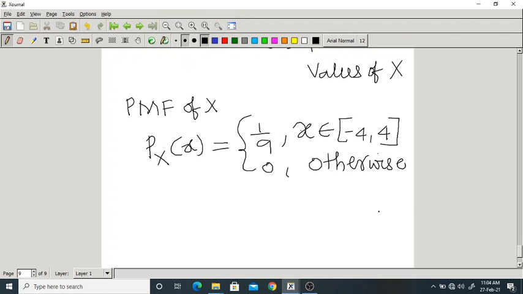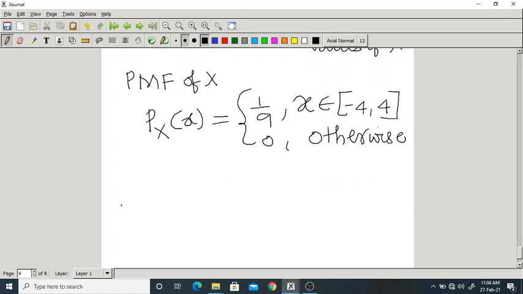So it is given in the problem. They are asking what is the probability mass function of Y.